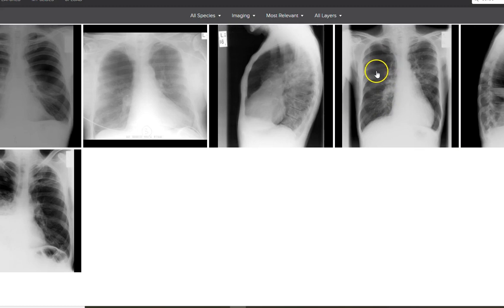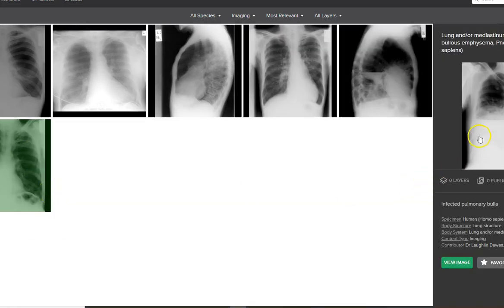This is probably the best film that we have of bullae. You can see that one there, and there, and there, and there's another one in here. So this is some bullae. Over on this one, you've got a bit of a pleural effusion, over here. I'll just see if I can pull that one up.